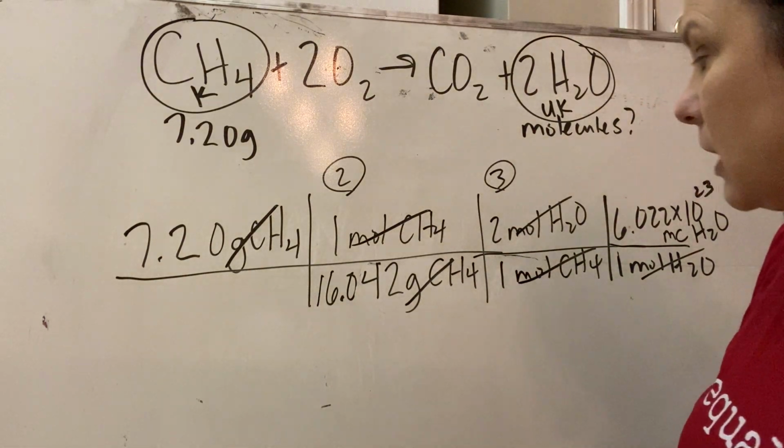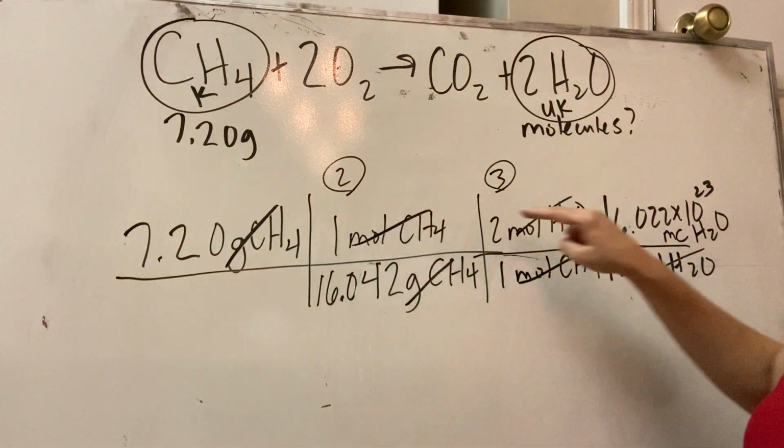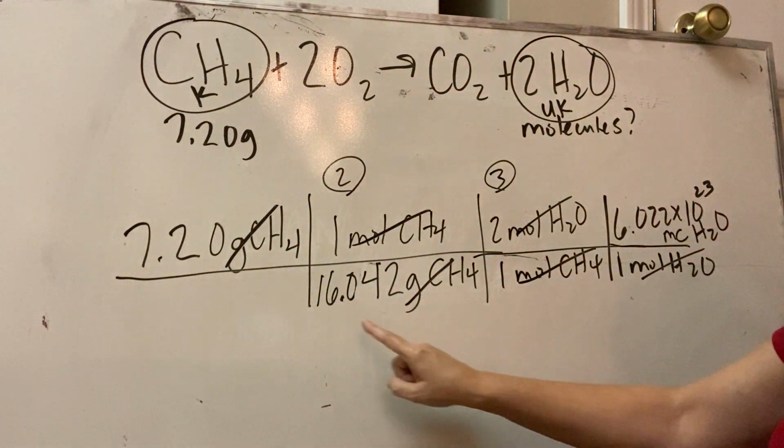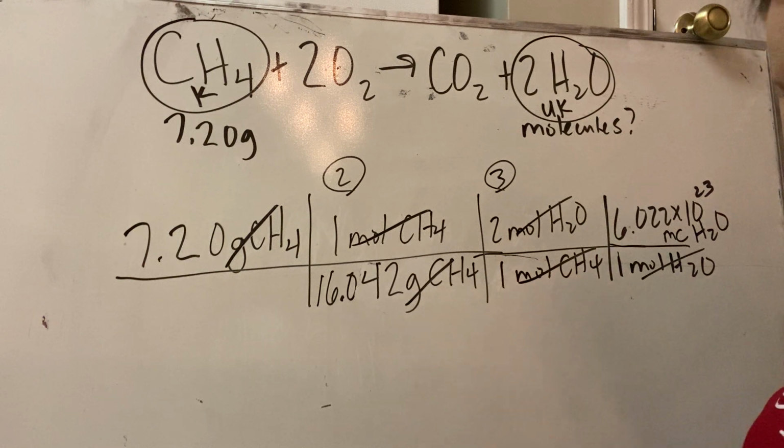So we're going to multiply straight across the top. There's only 1 number in the denominator, so we can just divide without parentheses. So we're going to do 7.20 times 2 times 6.022 EE 23, all divided by 16.042.